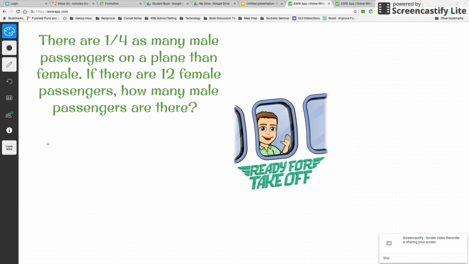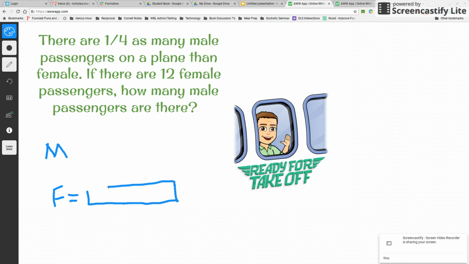So let's take a look at the two things we're comparing. We're comparing males and we're comparing female passengers. Now we know one number already. We know that there are 12, make a big comparison box here.